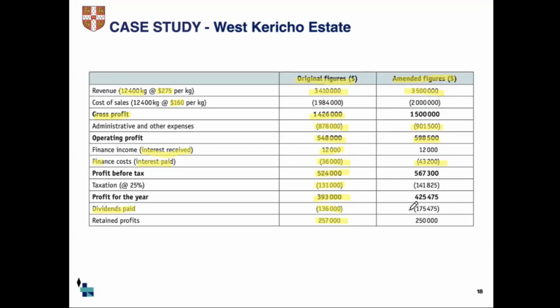And if dividend paid is increasing, that means that our retained profit would reduce. So we have a retained profit here of 250,000, which is a reduction from the 257,000 because of the increase in the dividend payout to the owners of the business.